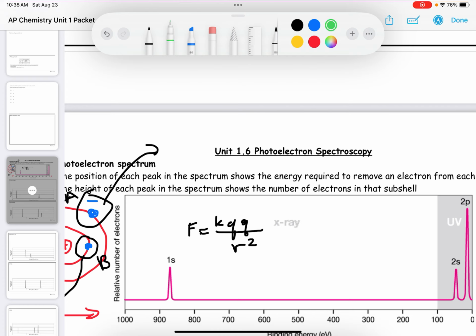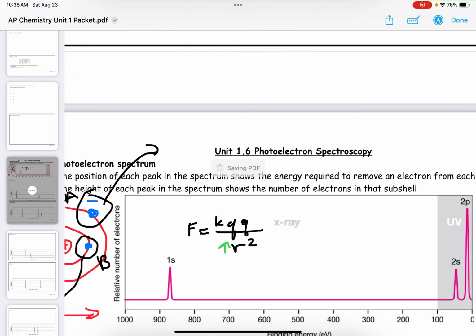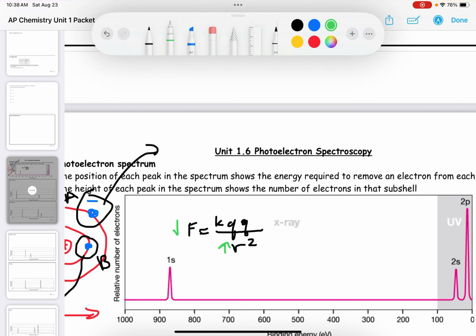Its distance between these two particles, the nucleus and the electron, is larger. And because it's in the denominator of this equation, that would result in a lower electrostatic force. The attraction between electron A and the nucleus is less than the attraction of electron B and the nucleus. The closer an electron is to the nucleus, the more energy it takes to remove it from an atom.